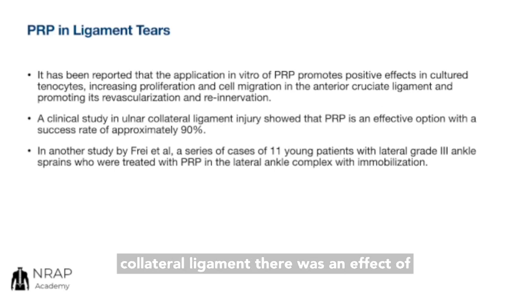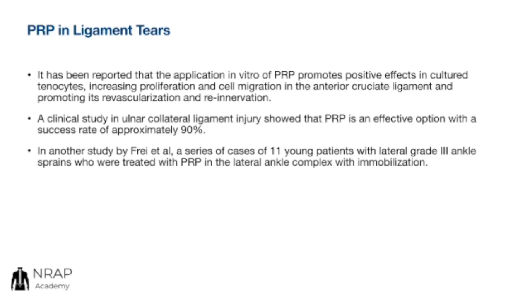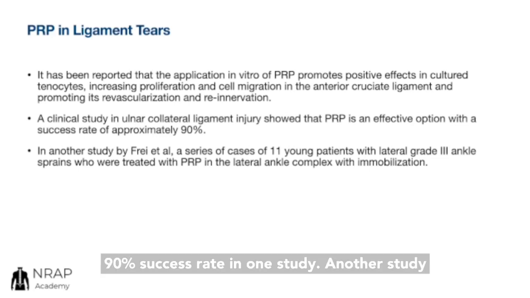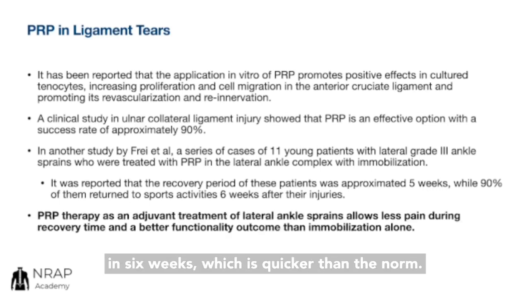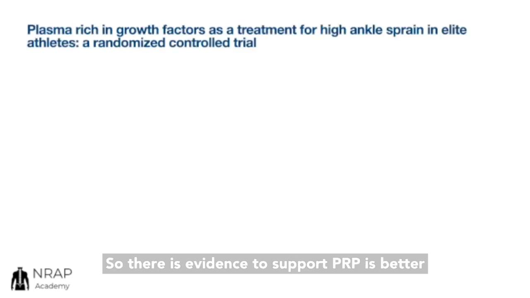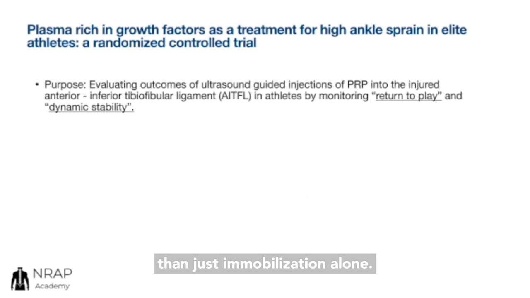In the ulnar collateral ligament, there was a 90% success rate in one study. Another study of 11 patients with low-grade 3 ankle sprain treated with PRP had a recovery period of 5 weeks, while 90% of them went back to sports in 6 weeks, which is quicker than the norm. So there is evidence to support PRP is better than immobilization alone.